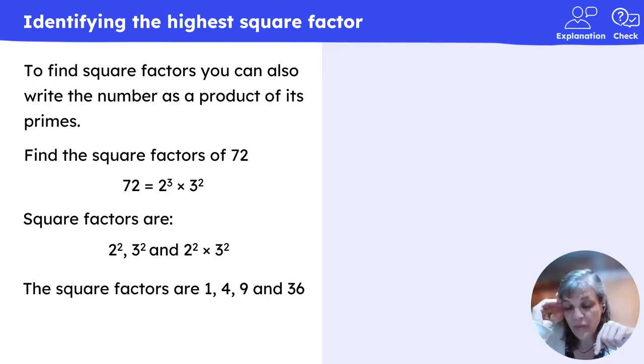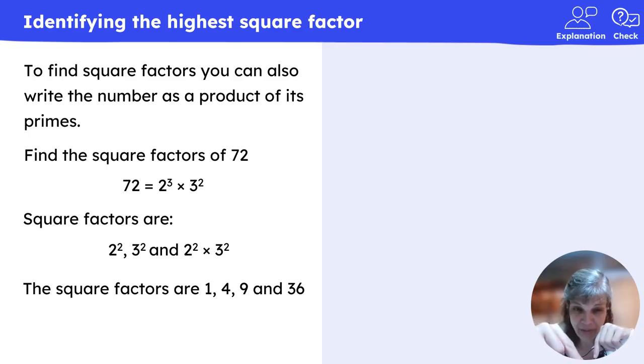Another way of finding square factors is to write the number as a product of all its primes. So 72, if you had 2 times 2 times 2 times 3 times 3, you would get 72. So that's 72 as a product of its primes. And you can see that you can get a 2 squared out of that.